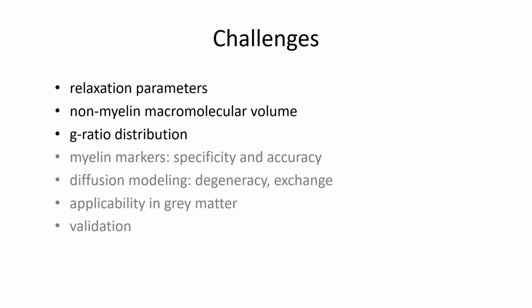It would be nice to estimate a G-ratio distribution and not just an aggregate in the voxel. Siawoosh Mohammadi at the end of this symposium will talk more about specificity and accuracy of myelin markers. And diffusion modeling does have other issues that I didn't go into, such as degeneracy of the models and incorporation of exchange. We didn't talk about applicability in gray matter and validation of these techniques, but perhaps we can go into more detail in the panel discussion.